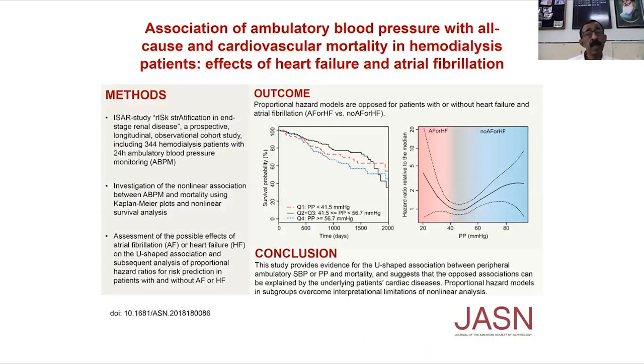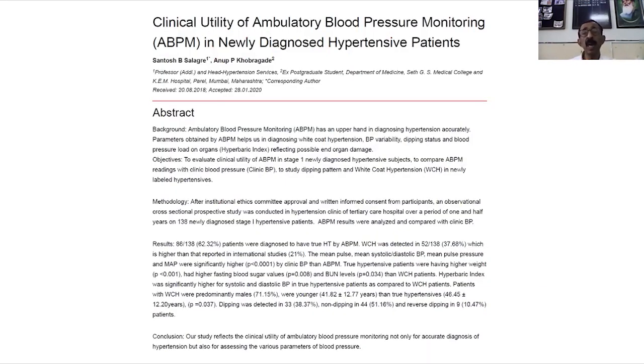Now, this is one study which showed the association of ambulatory blood pressure with all-cause cardiovascular mortality in hemodialysis patients. This was a very recent study in JAPI regarding the clinical utility of ambulatory blood pressure monitoring.